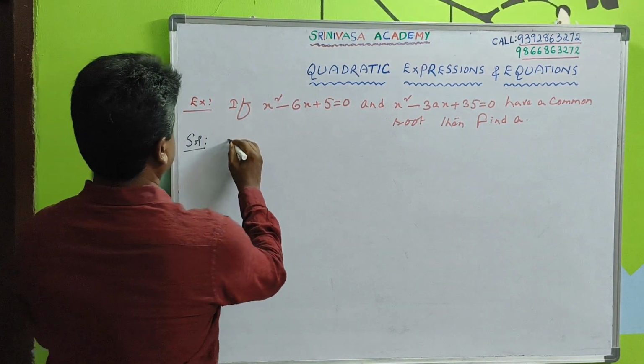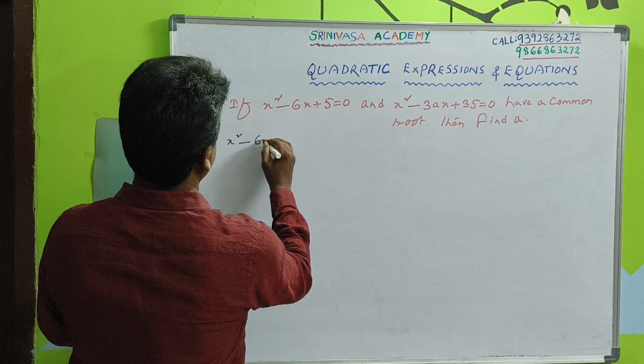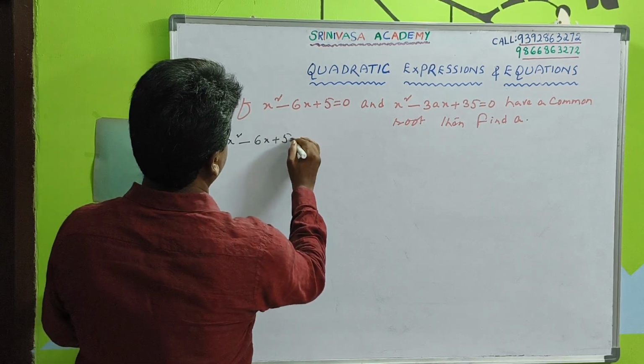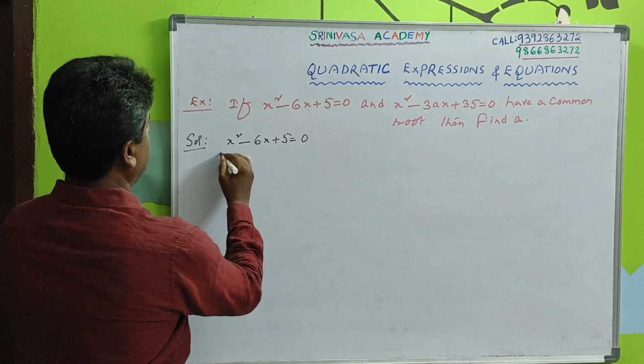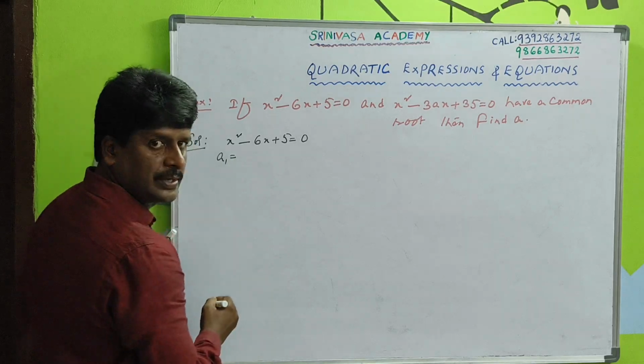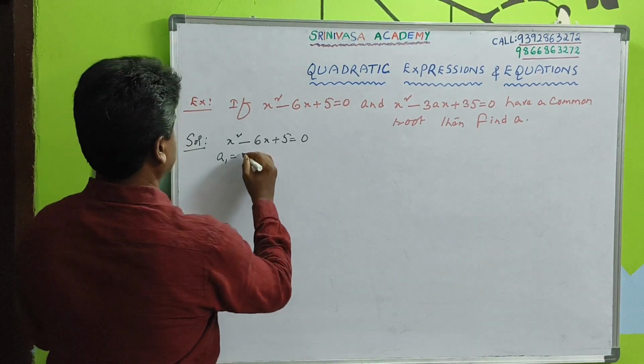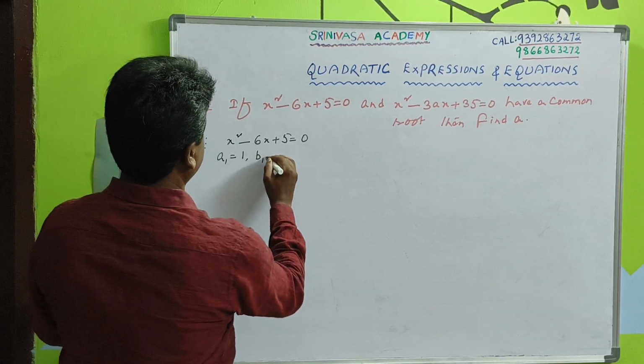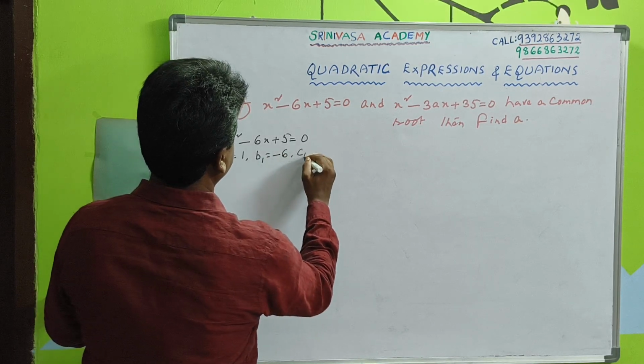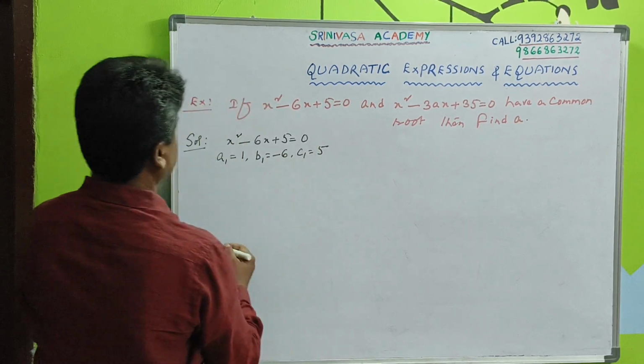Look at this. x square minus 6x plus 5 is equals to 0. We have to compare with a1x square plus b1x plus c1 is equals to 0. a1 is equals to 1, b1 is equals to minus 6, c1 is equals to 5.